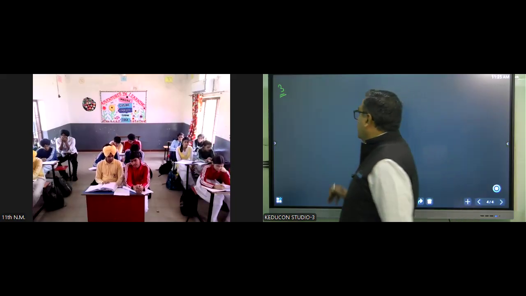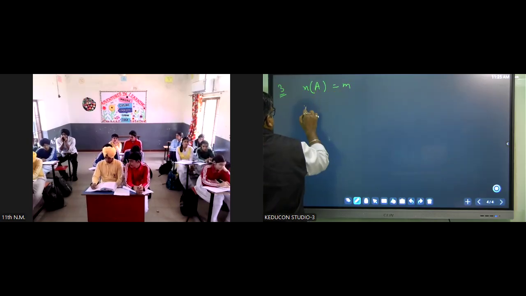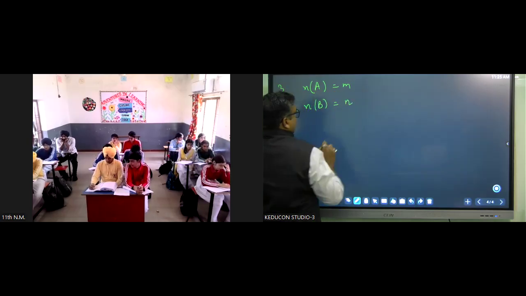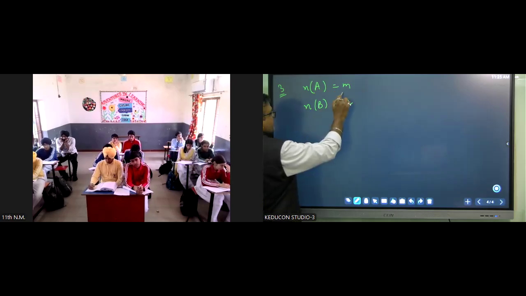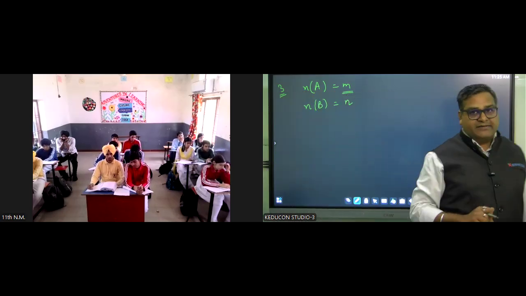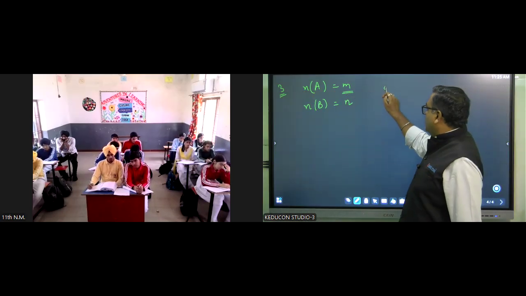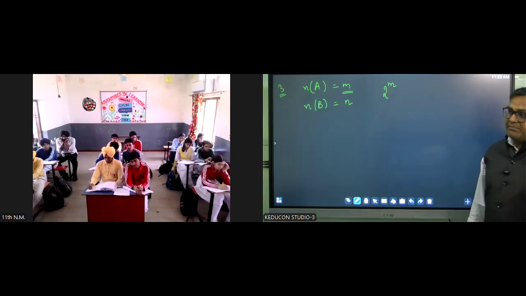Very good. Now we have set A, which has, let's say, m elements and set B has n elements. Right? Is this clear? What will be the number of subsets of set A? 2 raised to power m. What is the number of subsets in the set B?